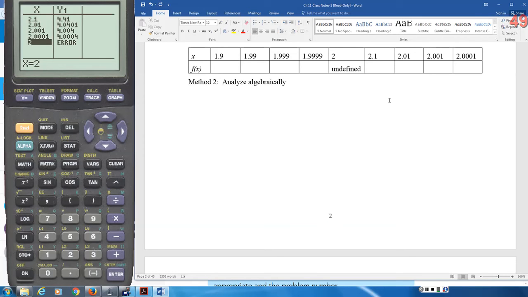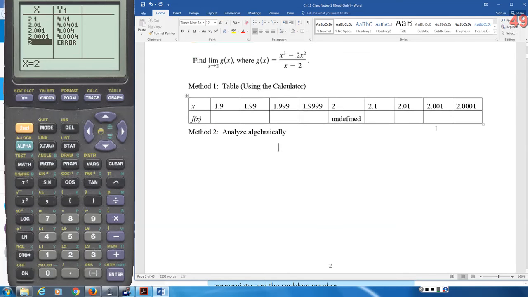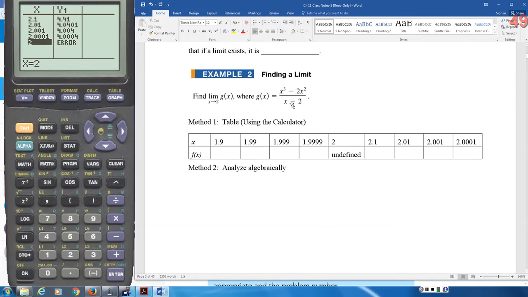Well, they came up the same because if you factor that expression, it turns out that that expression is equal to x squared, as long as you don't let x be 2. Okay? That is exactly the same graph as f of x equals x squared, except with f of x equals x squared, you can plug in 2. This one you can't.